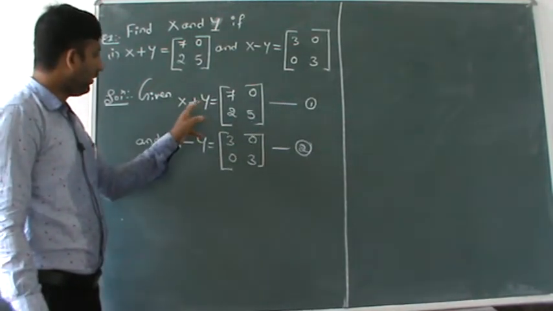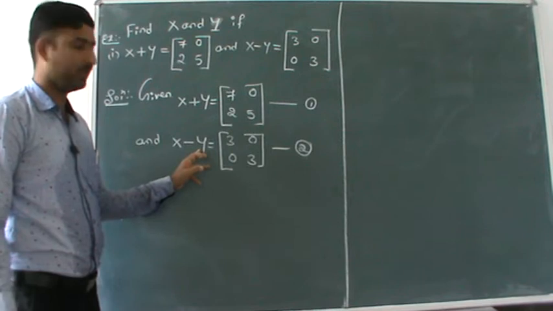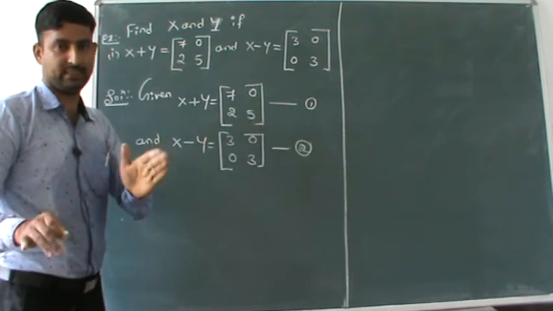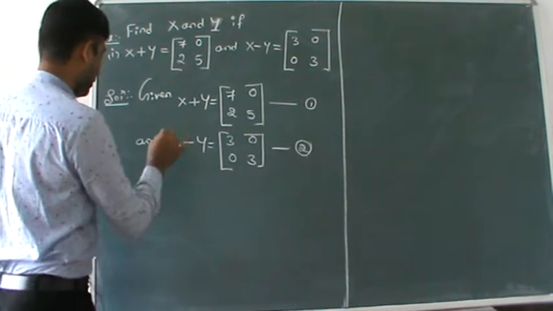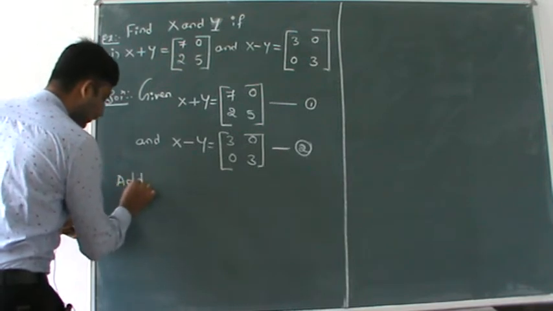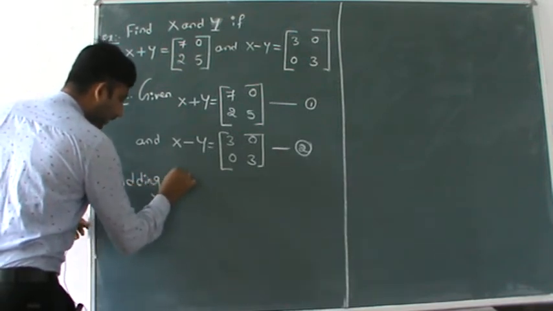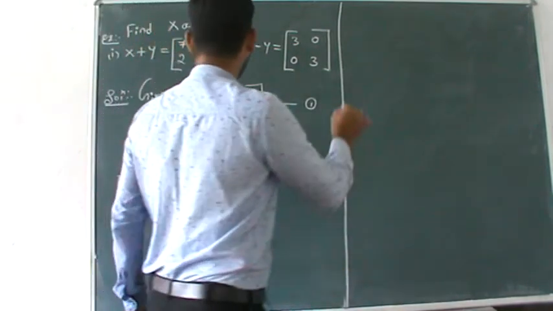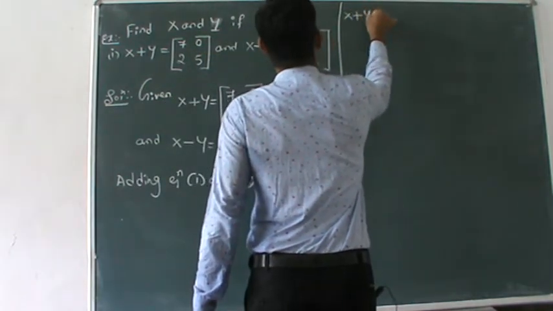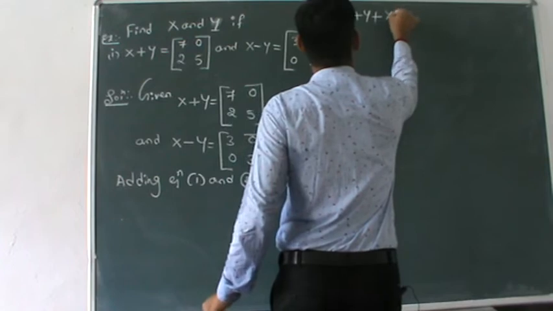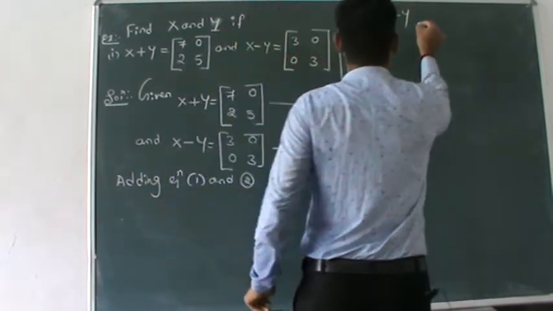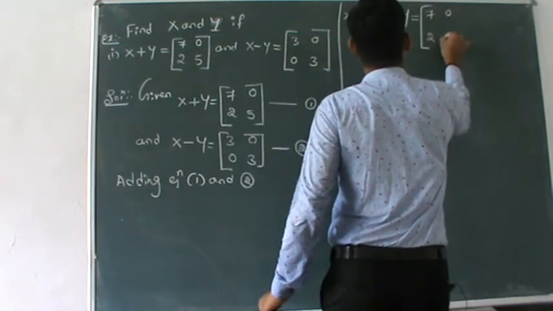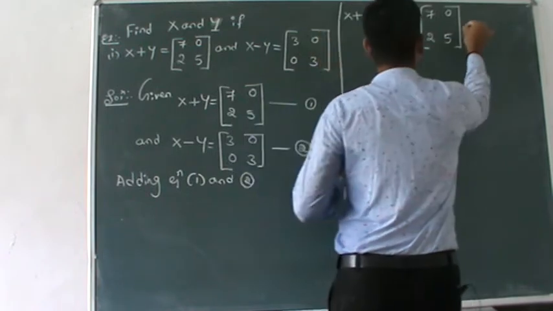Good. Just observe, here x plus y, here x minus y, correct? Plus and minus. Once you add those two equations, we get one result. Adding equation 1 and 2, x plus y plus x minus y.